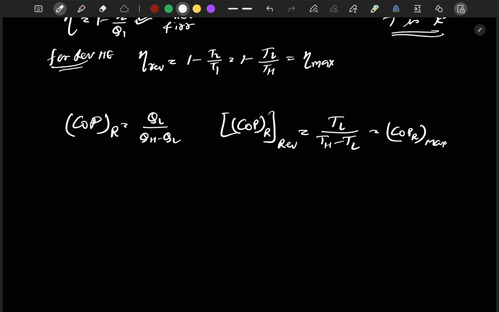Now we will be moving to our next topic, which is entropy. Today we will start entropy. For the study of entropy, we will study two cases like we studied earlier.